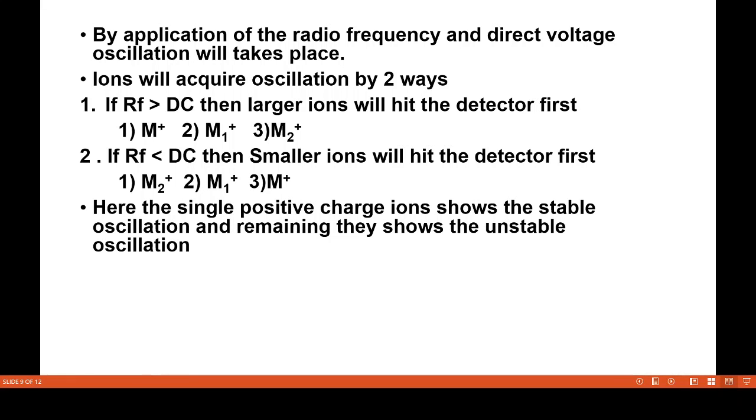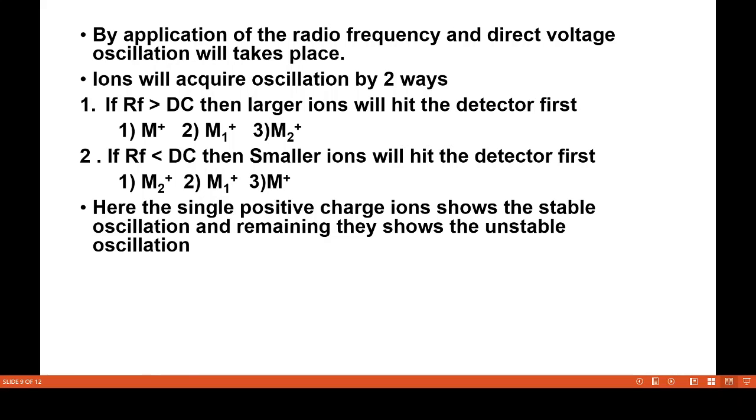Here the singly charged positive ion shows stable oscillation, while the remaining ones show unstable oscillation. That means if ions with an inappropriate M by Z value are present, they undergo unstable oscillation and hit the cylindrical rod.